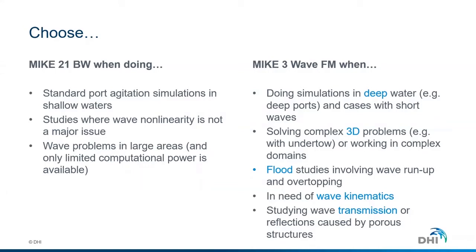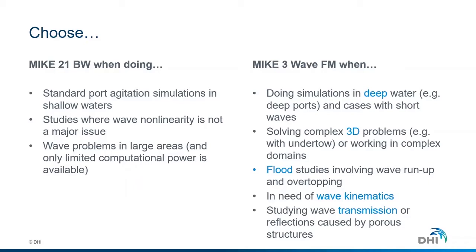Actually, also some of the cool strengths about MIKE 3 Wave FM is the capability to model overtopping. That is something that we have seen a lot of interest in, and that is something that we are quite proud of, that the model is able to handle these overtopping cases.